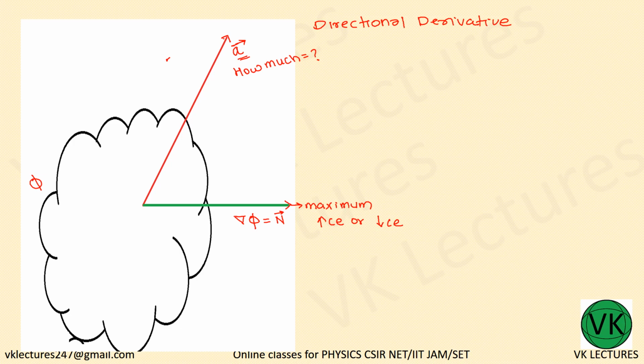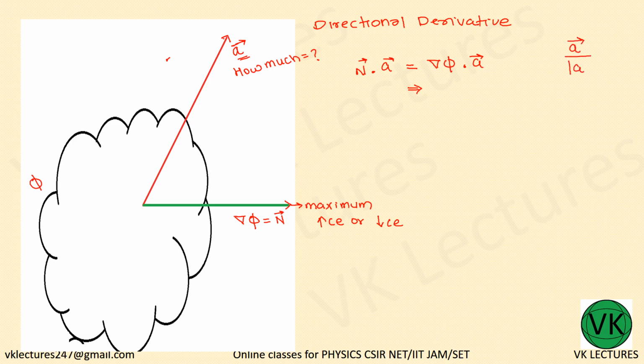So we can write n vector dot a cap gives you del phi, n is del phi dot a cap, sorry, vector A. Now since we need the direction, we have to divide the A vector by its magnitude, because we don't want the magnitude but we want only the direction.